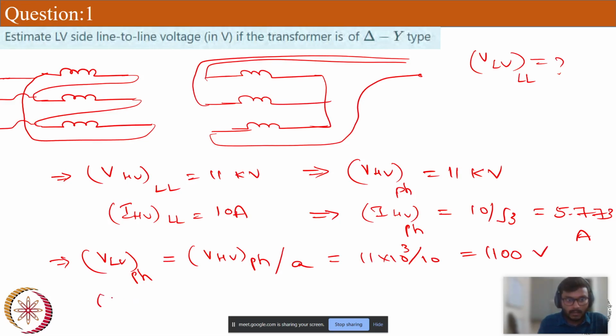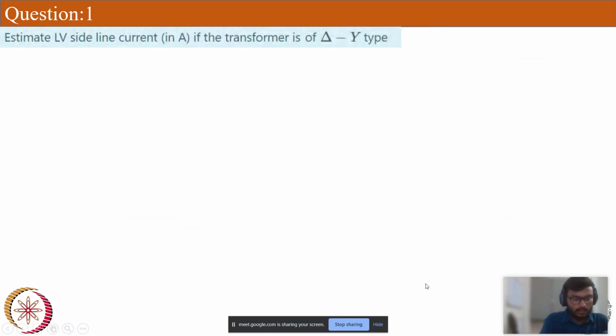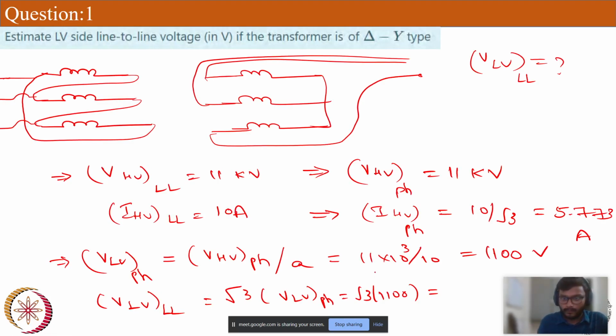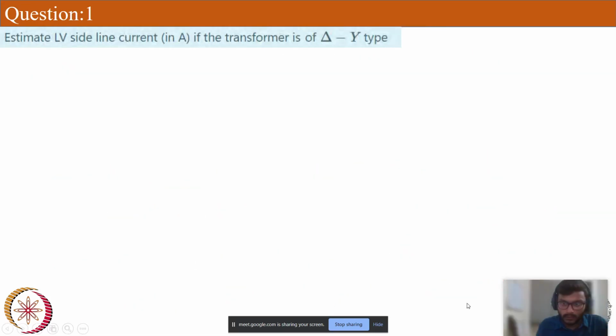Now what was asked? VLV line to line. Since my secondary is a star connection, my line to line voltage will be root 3 times the phase voltage, equal to root 3 into 1100, which is 1905.25 volts.